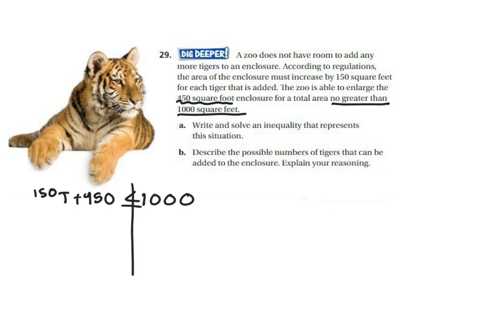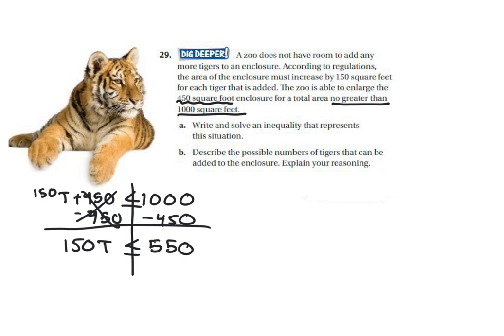So now let's solve. Take away 450 from both sides. Opposites cancel. 150 square feet per tiger has to be less than or equal to 550. And now let's divide both sides by 150.